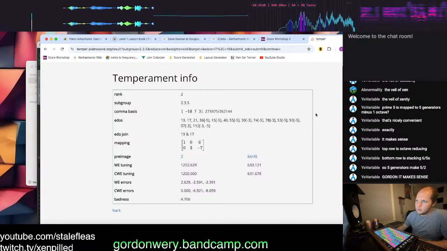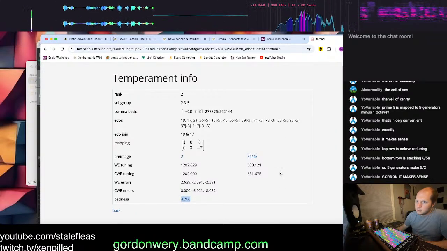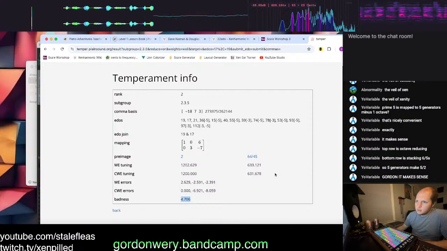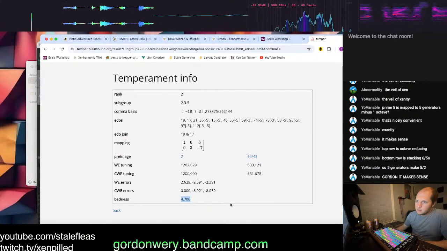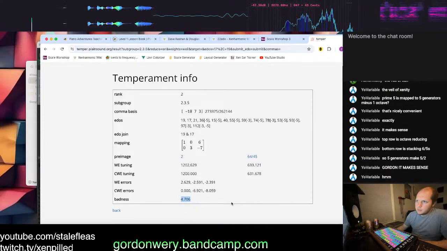The little badness thing on the bottom, I don't know exactly how the number is calculated, but it's a measure of complexity combined with error. So when something has higher badness, it's going to be either more complex or have more error or both.